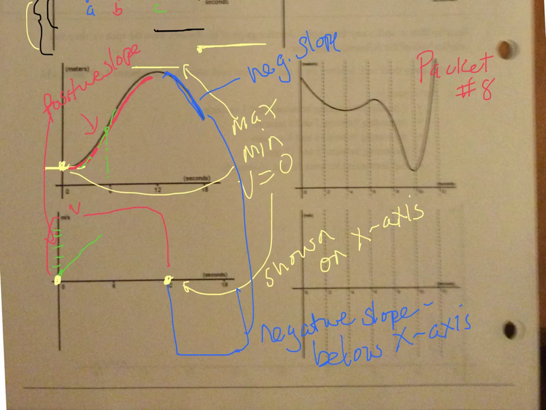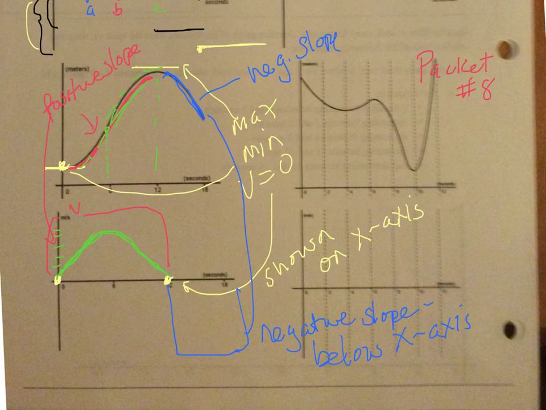And then, while my slope is still positive in this region, it is less steep. It's getting closer and closer to 0, and it's at 0 when it's at 12. So it's a positive slope. Positive slope's above the x-axis. Still positive slope, but it has to go through 0 at 12. It's not as high.